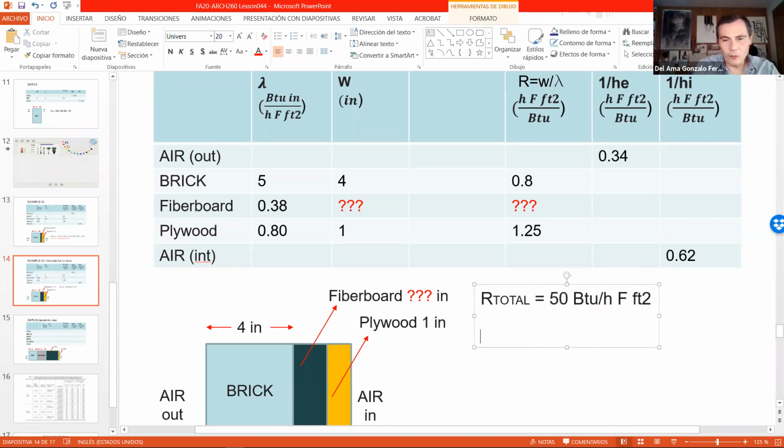So we have to apply always the same formula. R value equals 50, because this is the requirement.